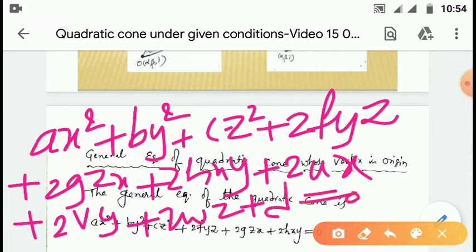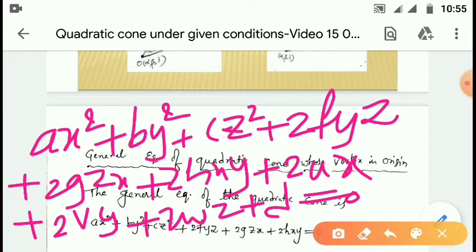This is a second degree equation in variables x, y and z. Actually this is a second degree non-homogeneous equation, because a homogeneous equation means the degree of each term is the same.